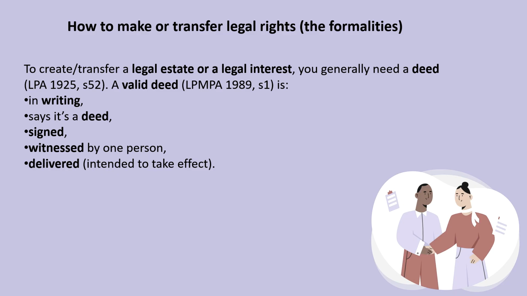And then there's a requirement for the deed being delivered as well, which basically just means that you intended it to have legal effect. So you might remember from contract law, for example, that contracts are only valid if there's a legal intent. So that's quite similar here.